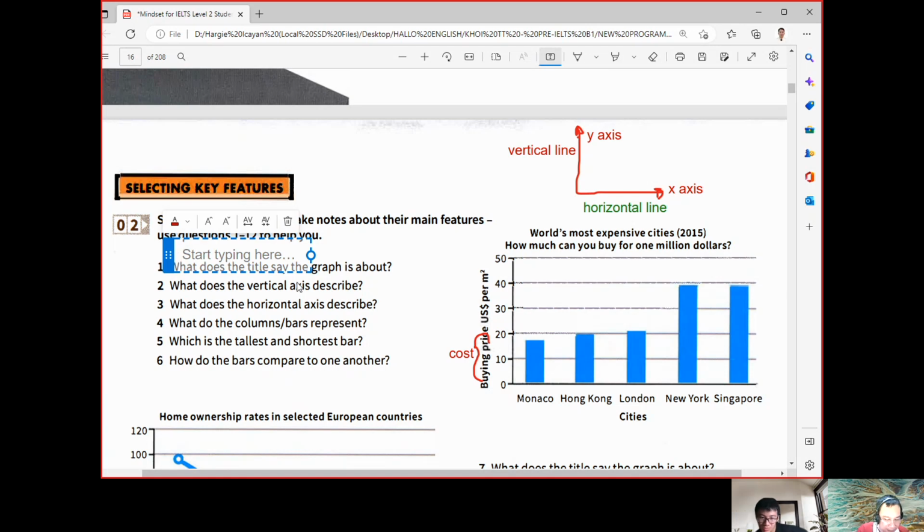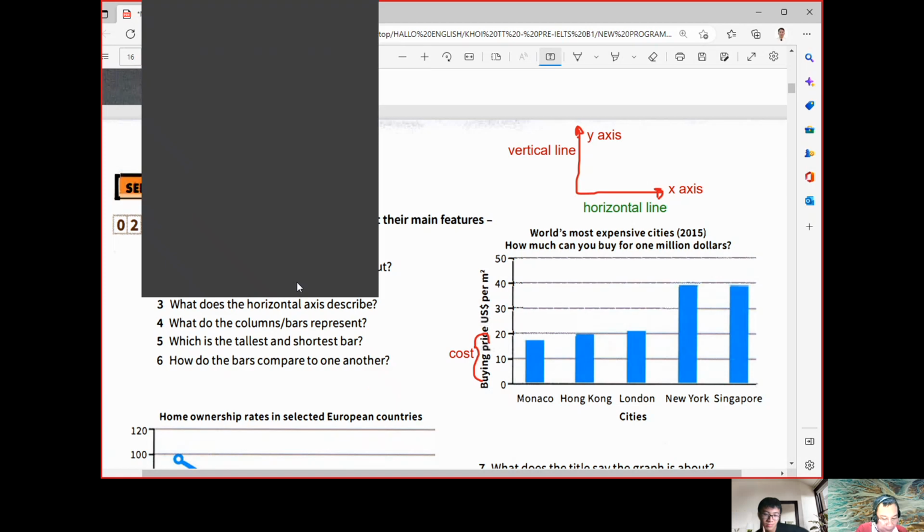The world's most expensive cities. From the title alone, the world's most expensive cities.